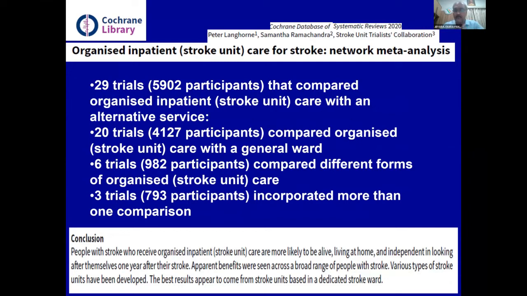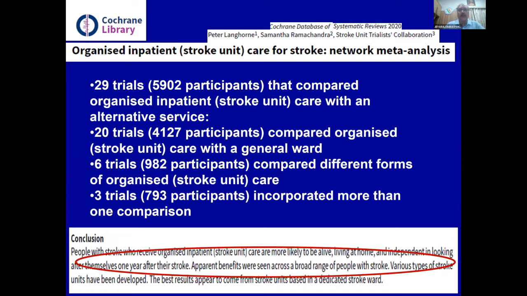And irrespective of stroke subtype, whether it's ischemic or hemorrhagic stroke, the benefit is more in a dedicated stroke ward. So this is the latest Cochrane review, which clearly states that stroke unit care is the most important part of stroke management.